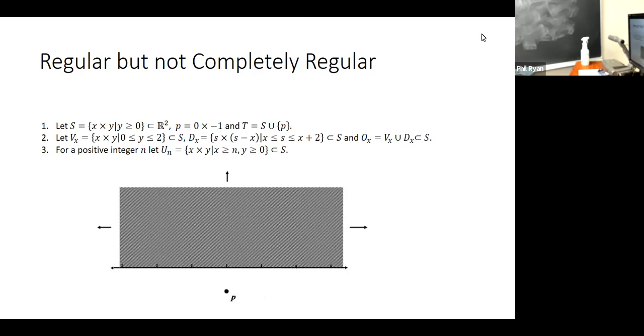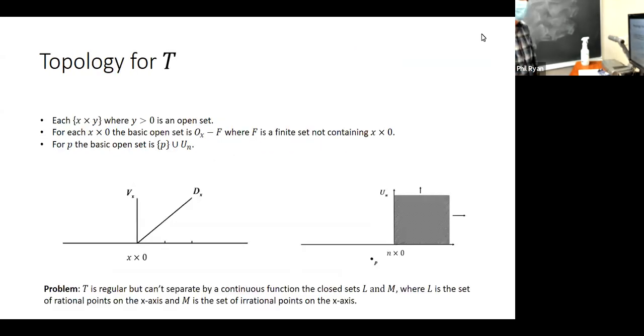Okay, and so here we introduce a whole bunch of sets. This is kind of like a vertical slice, a diagonal slice, and the union of those two. On the next slide, I show you pictures of what they look like. So here's the topology on this space.